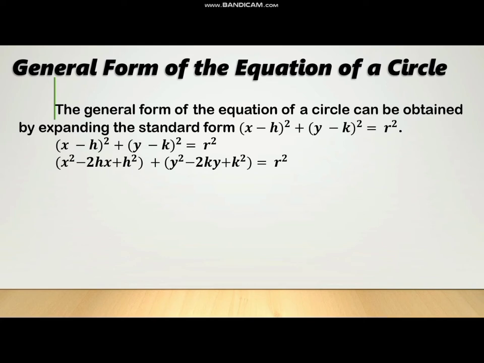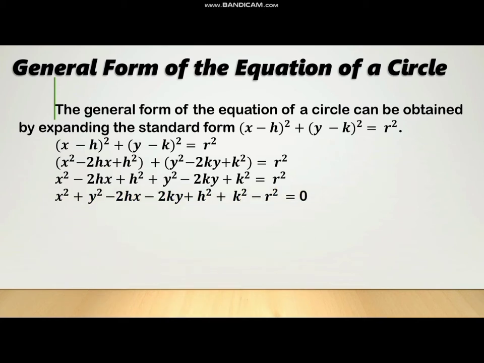Removing the parentheses, we have x squared minus 2hx plus h squared plus y squared minus 2ky plus k squared equals r squared. Arranging it and transposing r squared, we have x squared plus y squared minus 2hx minus 2ky plus h squared plus k squared minus r squared equal to 0.